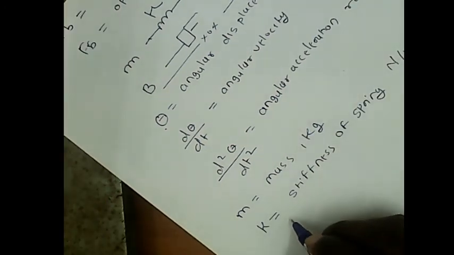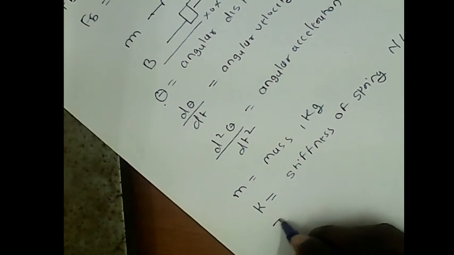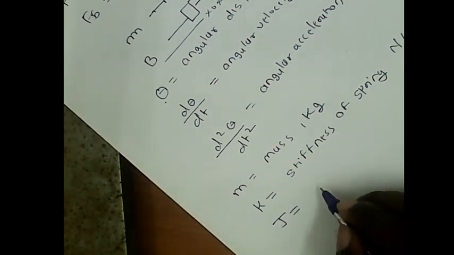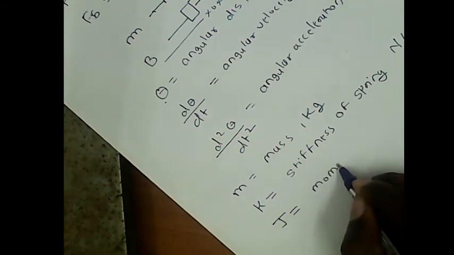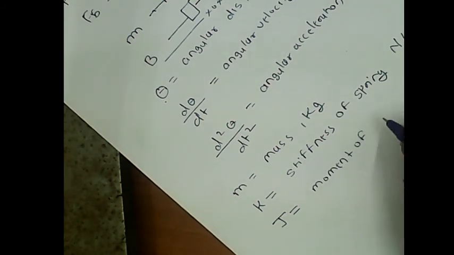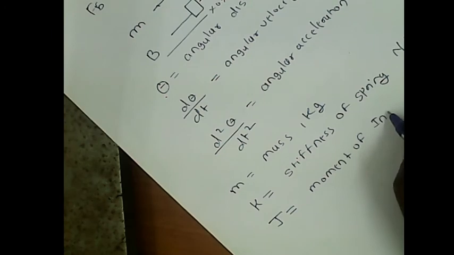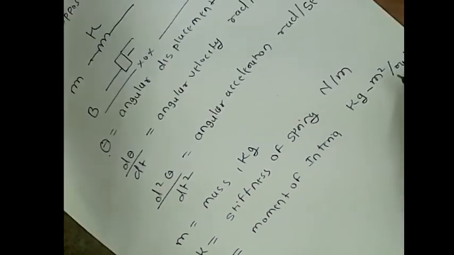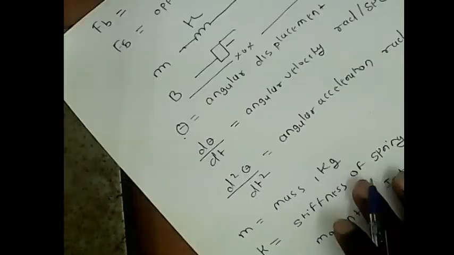Then J is equal to moment of inertia, that is to be measured in kg meter square per radian.